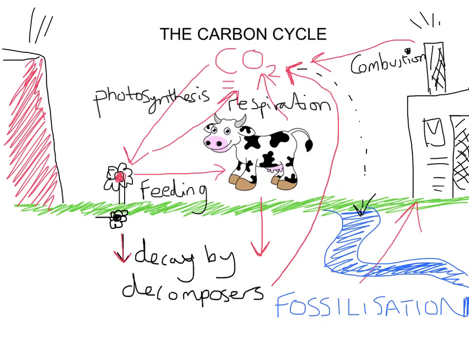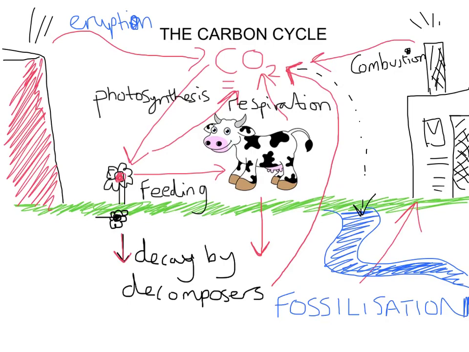When a volcano erupts, that too releases CO2 into the atmosphere. So we'll just put eruption there. So volcanic eruption is a source of carbon dioxide, completing this carbon cycle.